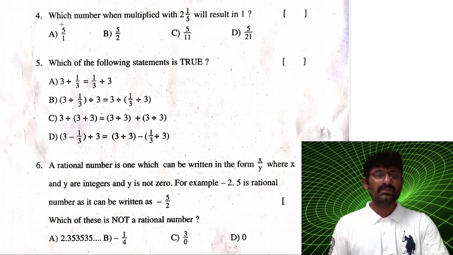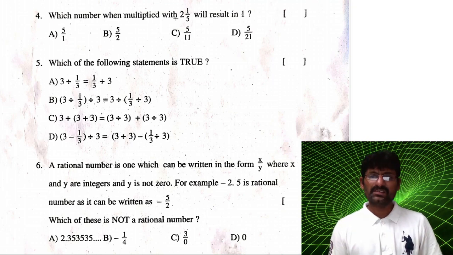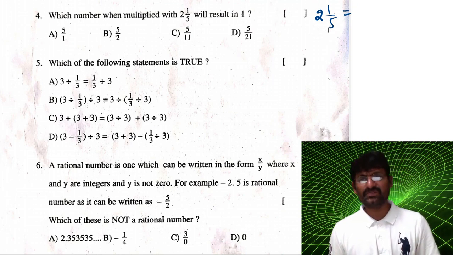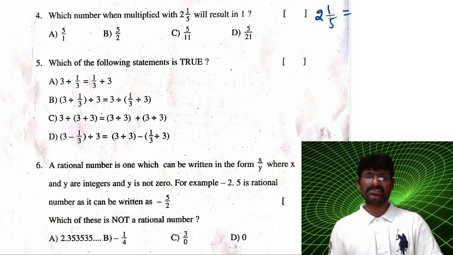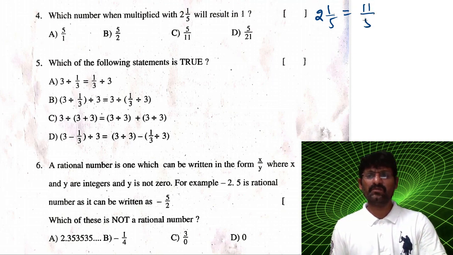Problem 4. Which number when multiplied with 2 1/5 will result in 1? Here we are given the number 2 1 by 5. First let us write this mixed fraction as an improper fraction. 5 times 2 is 10 plus 1, 11. So 11 by 5. Now, which number when multiplied with this one?